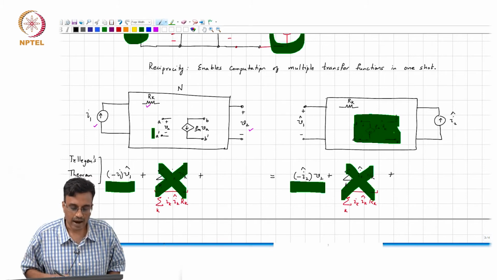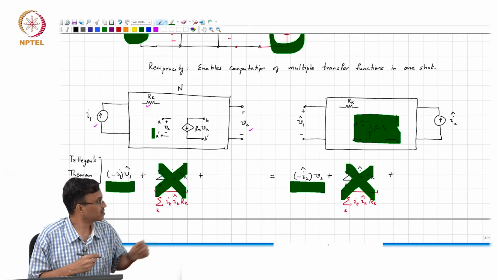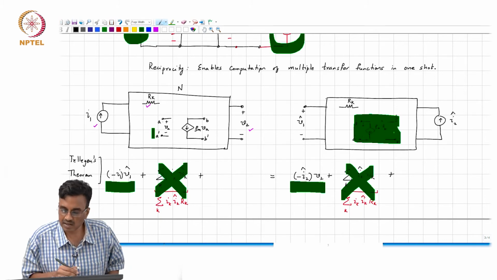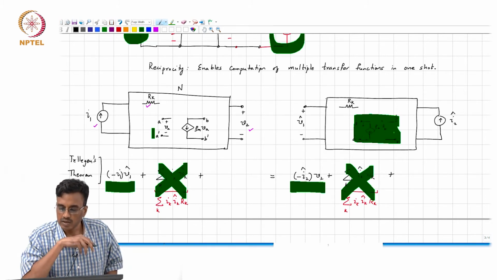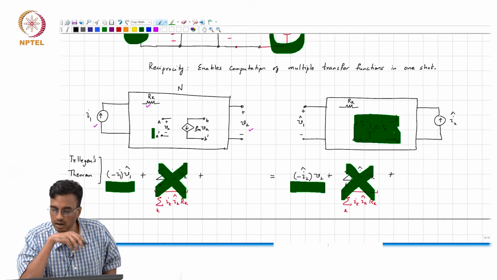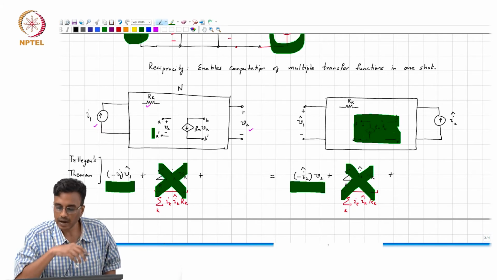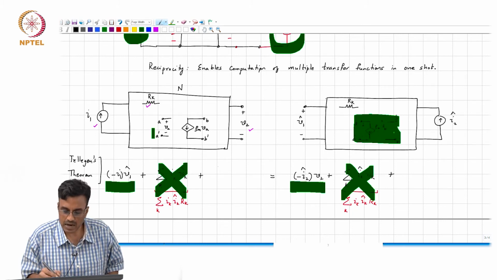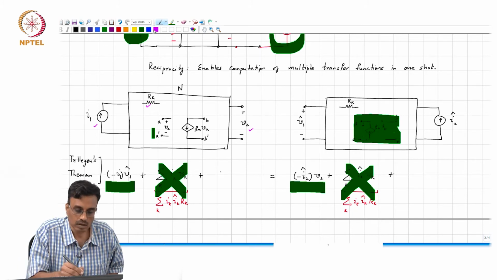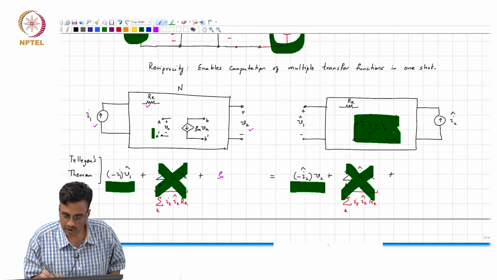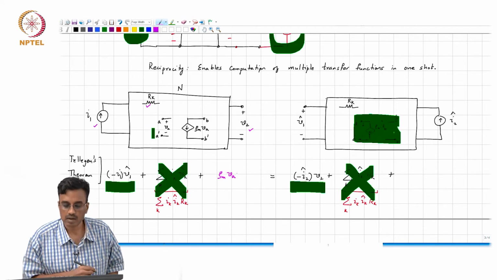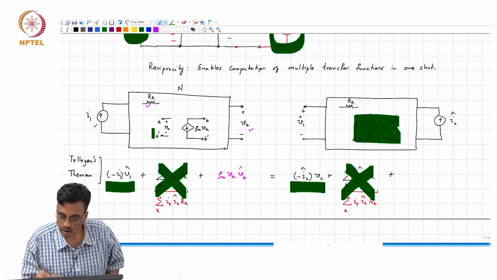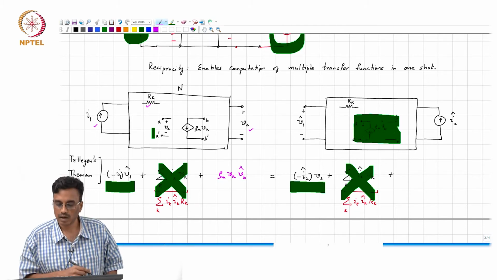So IA is still 0. Therefore IA times VA hat is 0. IB is Gm times VA times VB hat, very good, right?